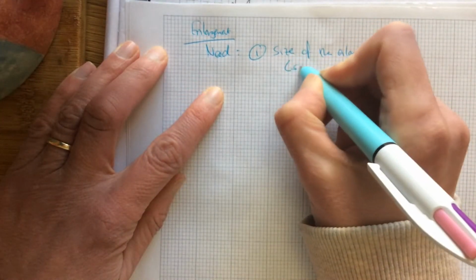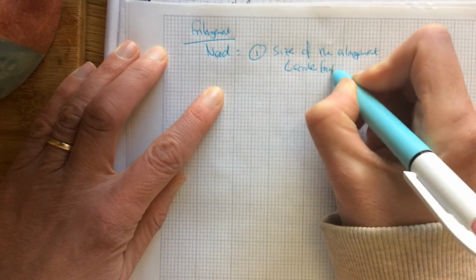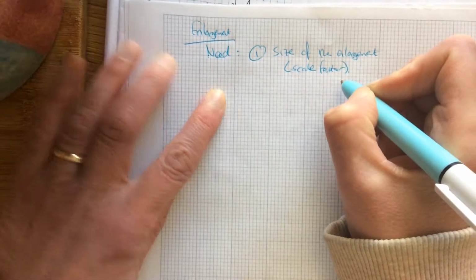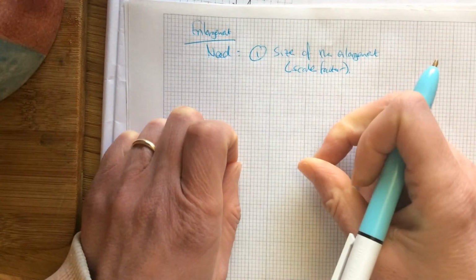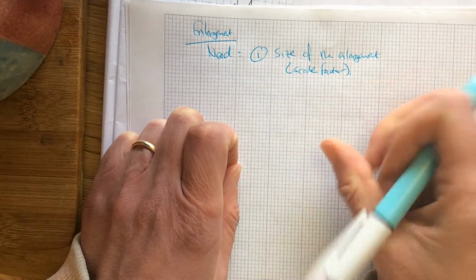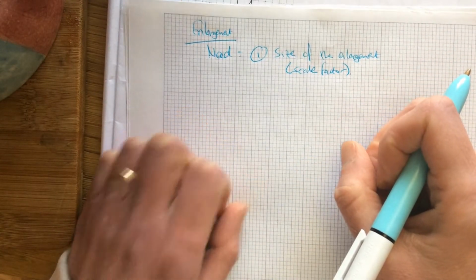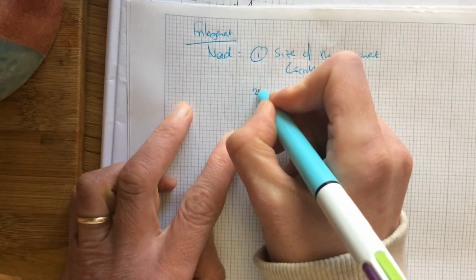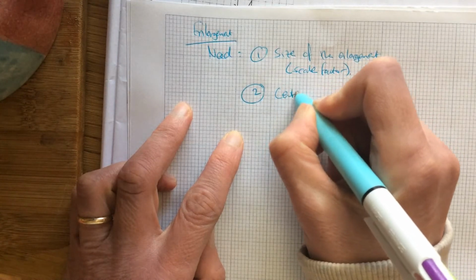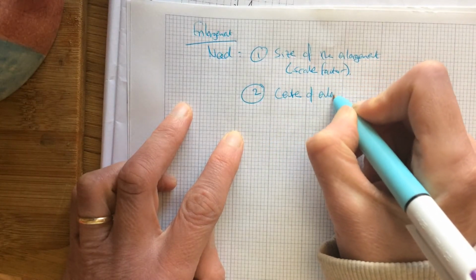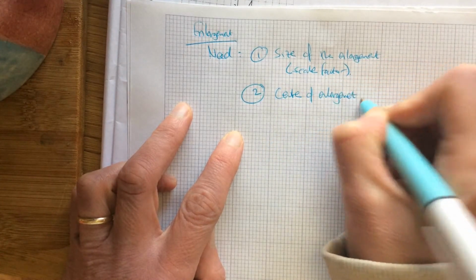Now, this is often called the scale factor. Just notice, if you have a scale factor of 1/2, it's actually shrinking it, even though we still call it an enlargement. So don't be put off if it does shrink. We need to know, too, the centre of enlargement. Okay, so only 2 pieces of information.